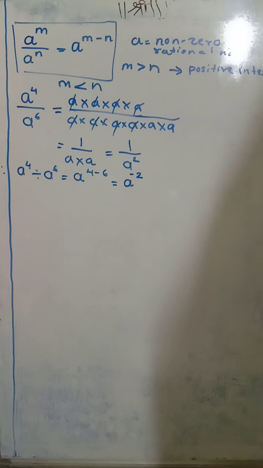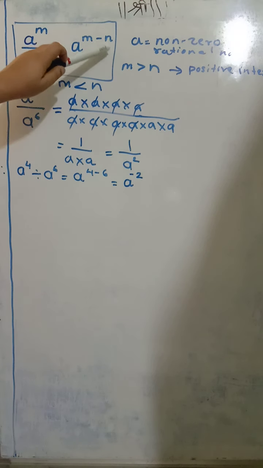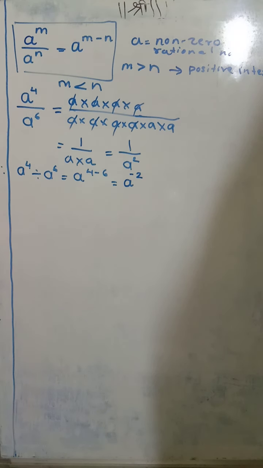So our answer is A raised to negative 2. Means if M is less than N, then also we are able to do the division and the formula remains the same, that is A raised to M upon A raised to N is equal to A raised to M minus N. Just substitute the index properly.